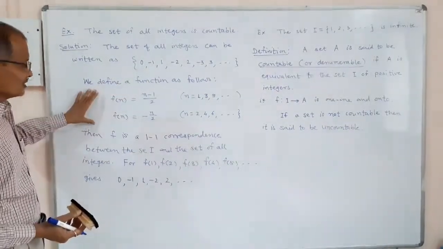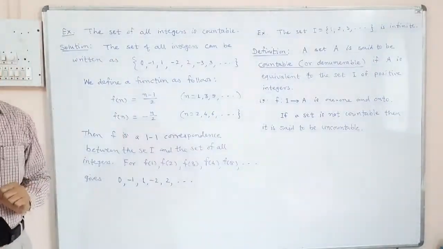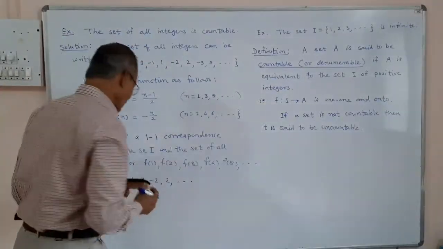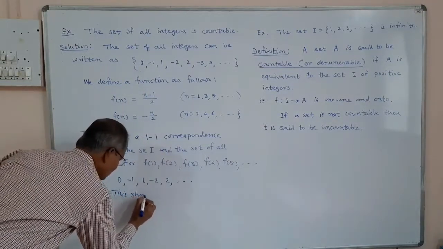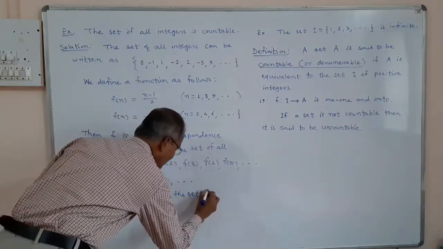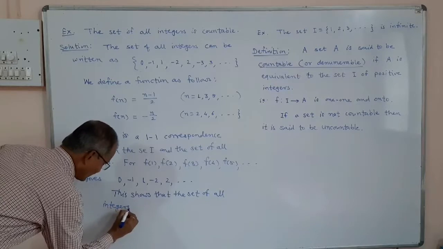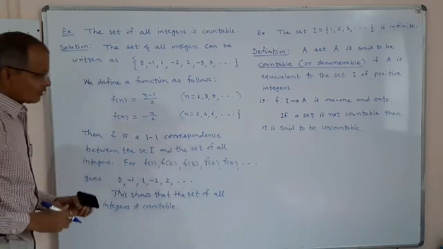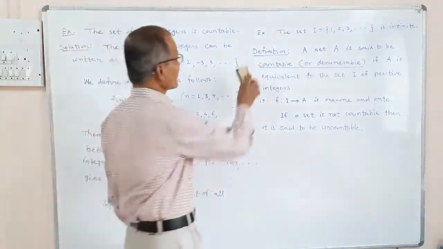Thus the set of all integers is equivalent to the set of positive integers, and therefore the set of all integers is countable, because there is a one-to-one onto function between the positive integers and the set of all integers.